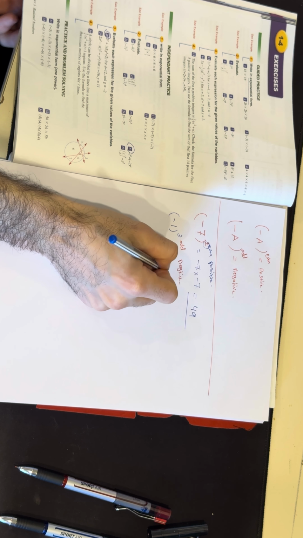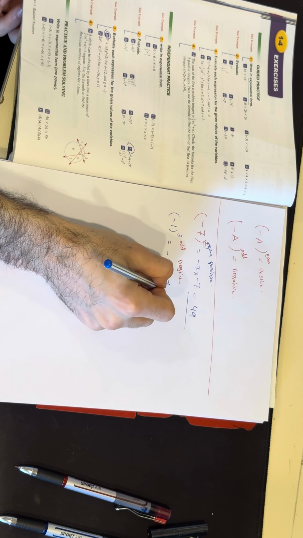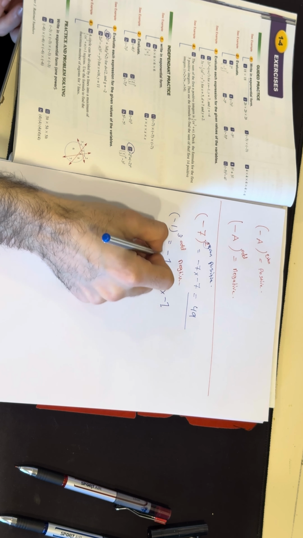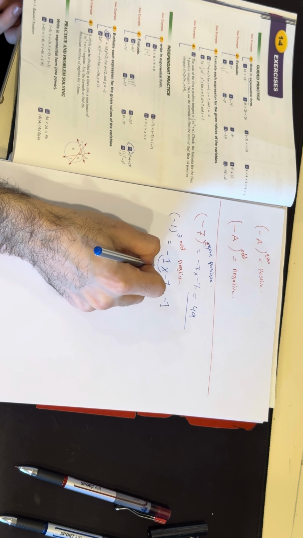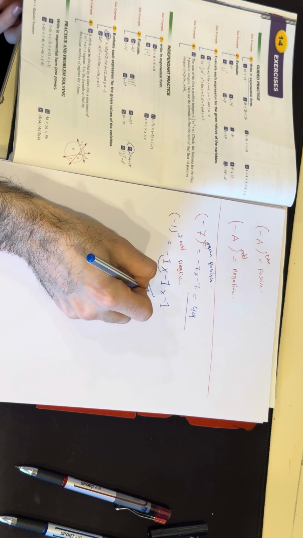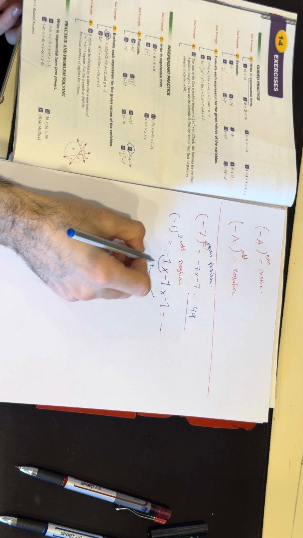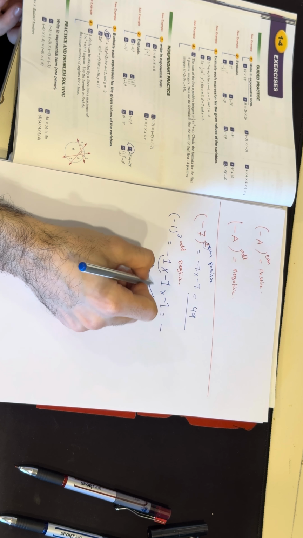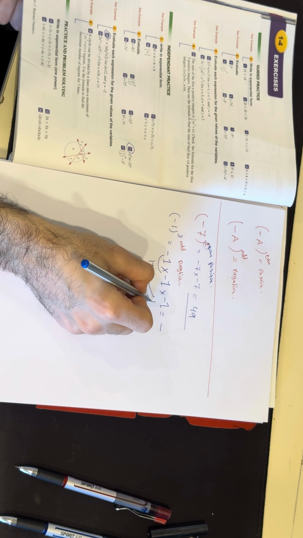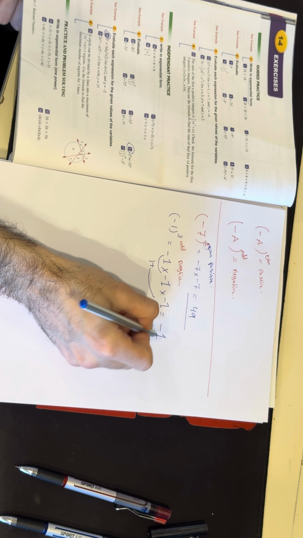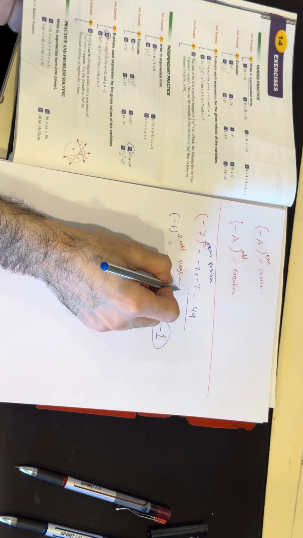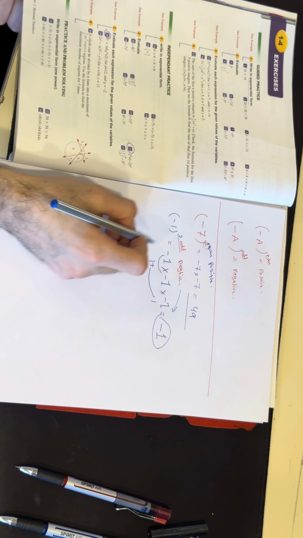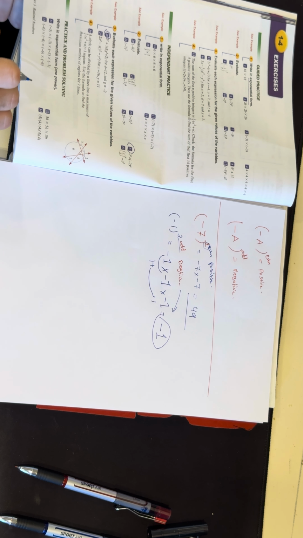I know it works, but I'm just going to show you. Negative times negative times negative. Negative times negative is positive. Positive times negative is negative. 1 times 1 is 1, and 1 positive times -1 is -1. So the answer will be -1. Like we said, when the power is odd, the answer is always negative. So be careful with this kind of question.